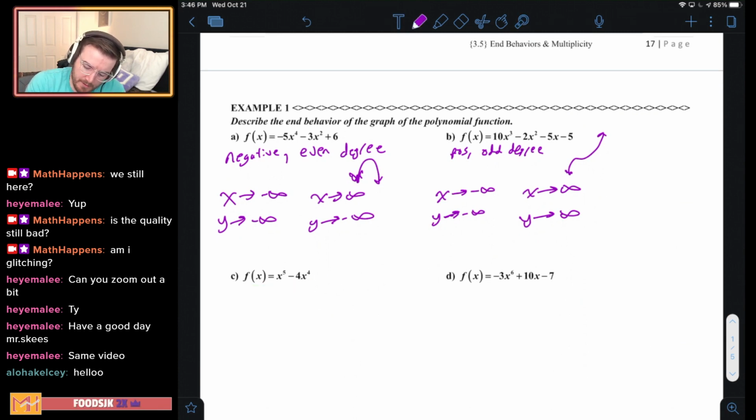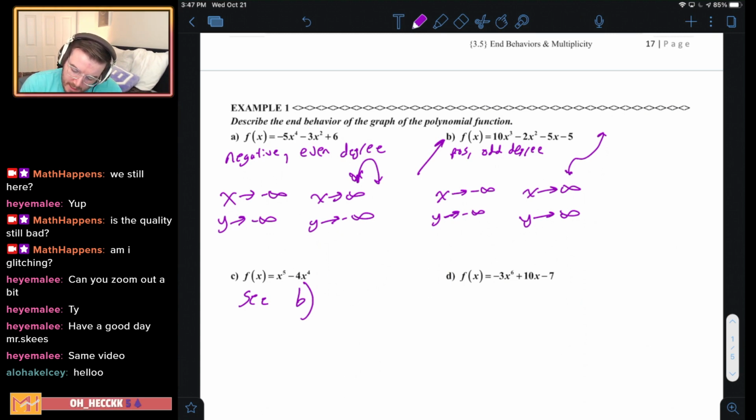All that matters is that very first term, the one with the biggest exponent, the lead term. This is a 1 and it's odd. So positive odd, that's literally the exact same thing as what I just did. So C, B, right? It's the exact same thing.